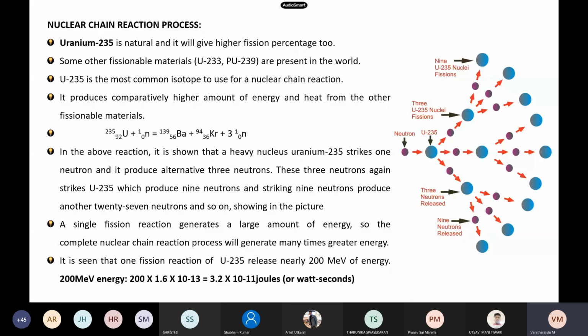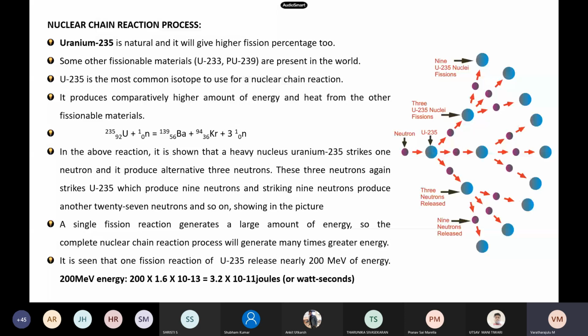A single fission reaction generates a large amount of energy, so the complete nuclear chain reaction process will generate many times greater energy. See here, 1 kg of uranium will give 20 into 10 power 6 kilowatt hours of heat energy.